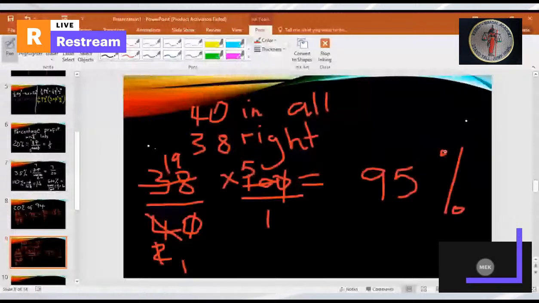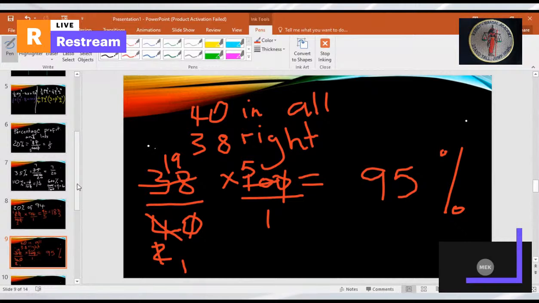So that means if you got 40 sums to do and you got 38 of them correct, your percentage in terms of your test score would be 95%. So whenever you want to work out your percentage, let's say you do a test, just put how many you got right over the total amount and multiply it by 100.